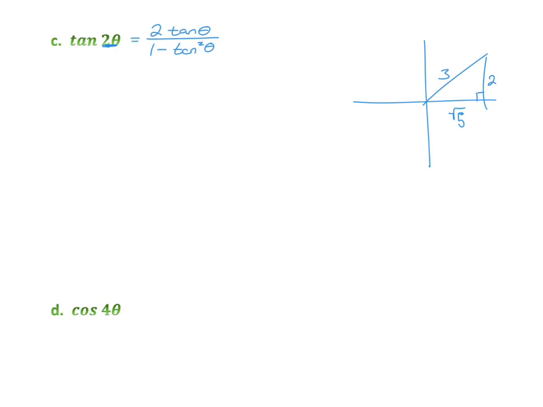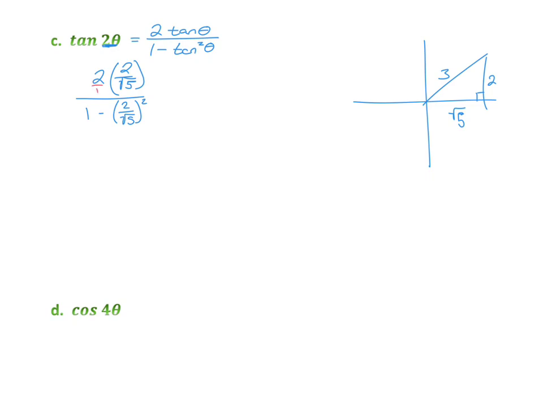So all we have to do is plug in the value for tangent into each position. So 2 times tangent, which is the opposite over adjacent, 2 over the square root of 5, not pretty, over 1 minus 2 over the square root of 5 squared.